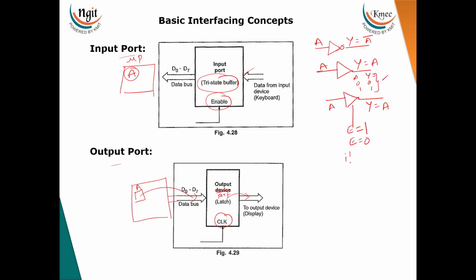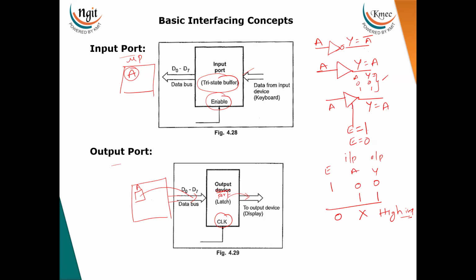What does that mean? Take input A and output Y. If enable is equal to 1, when A is equal to 0, Y is equal to 0, and when A is equal to 1, Y is equal to 1. This is one state. Now if enable is equal to 0, whatever the input may be, your output is always in high impedance mode. High impedance mode means the output signal is neither 0 nor 1.